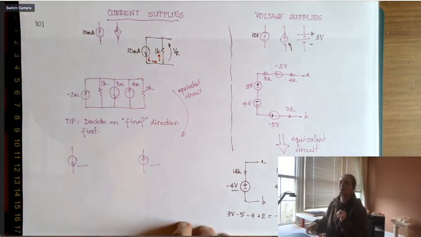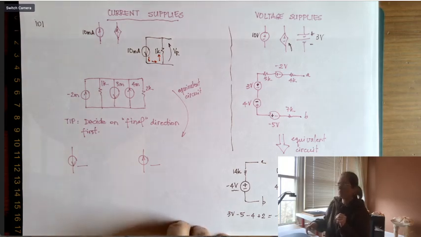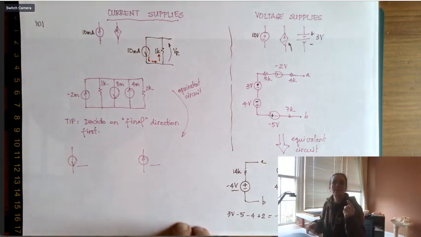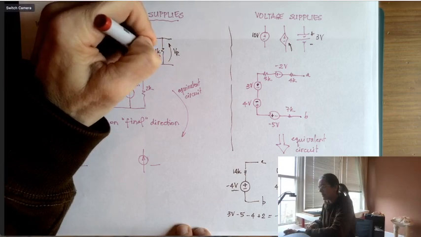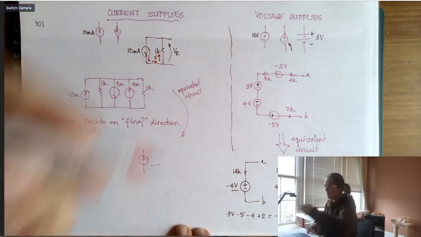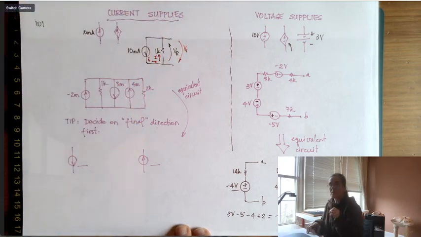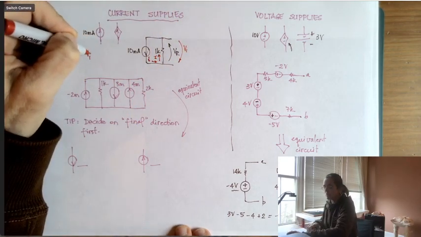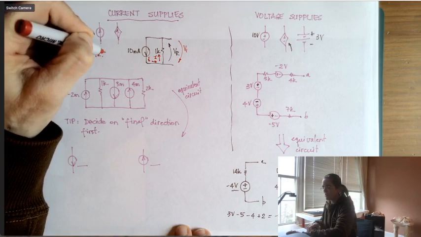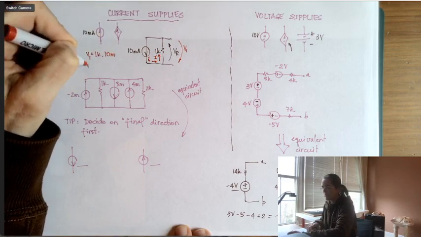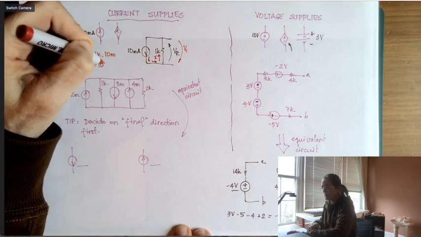So in red here, I don't know if you can see it well, is the direction of the current that I want. So the voltage across that resistor is really V1 this way. By Ohm's law, V1 is 1 kilo ohm times 10 milliamps, so V1 is 10 volts.